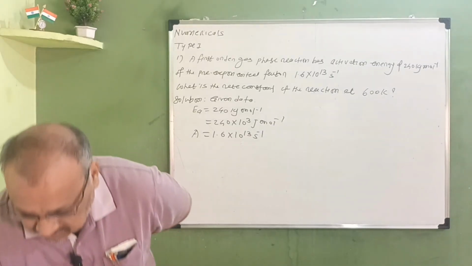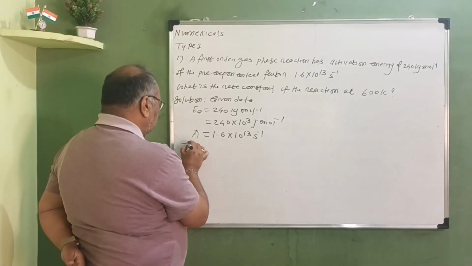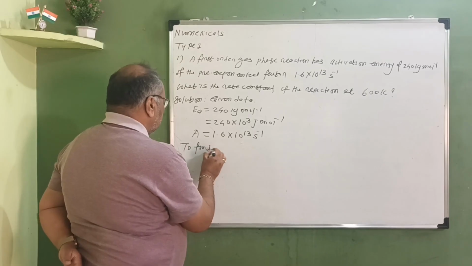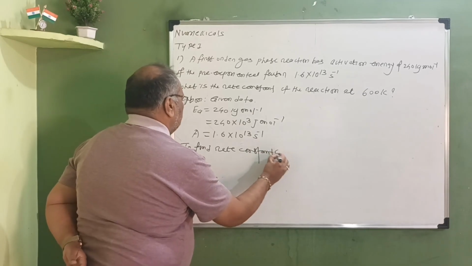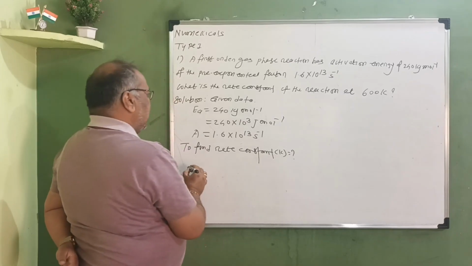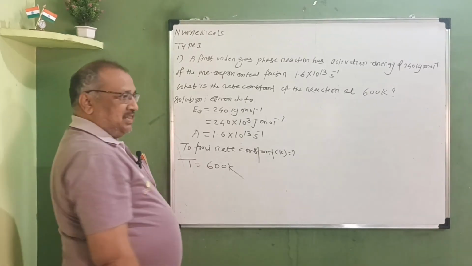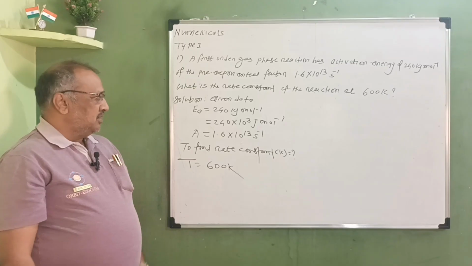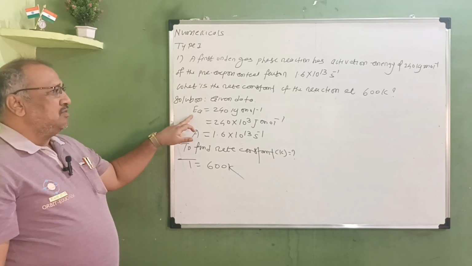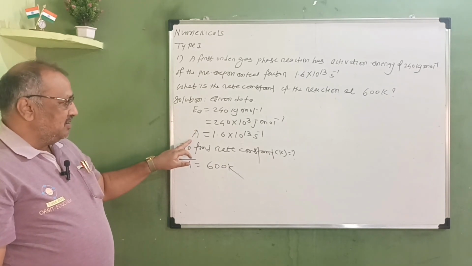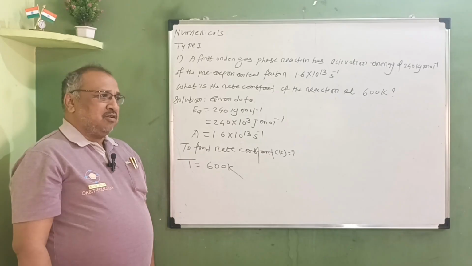And here to find rate constant K, and temperature T is also given, which is 600 Kelvin. EA is given, A is given, T is also given, and here find the rate constant.